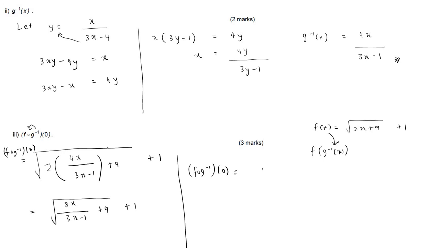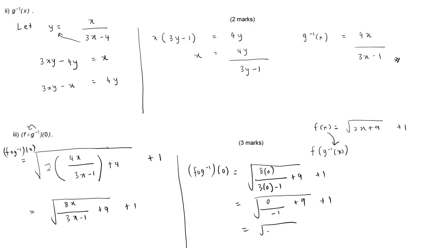So replace X by 0. 8 multiply 0 is 0. 3 multiply 0 is 0. 0 minus 1, negative 1. 0 divided by negative 1 is 0. 0 plus 9 plus 1. And then square root 9 plus 1. Square root 9 is 3 plus 1. The answer is 4.